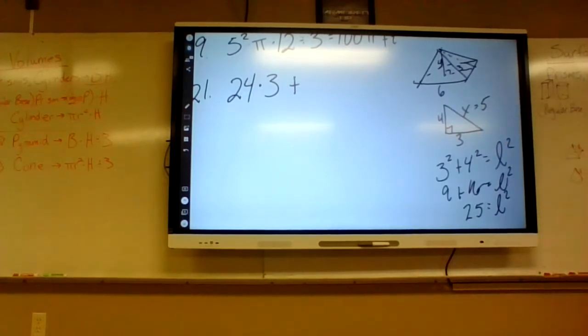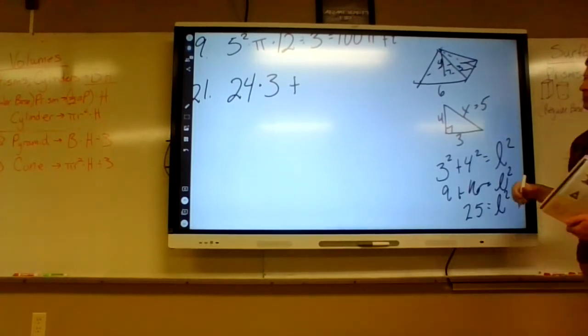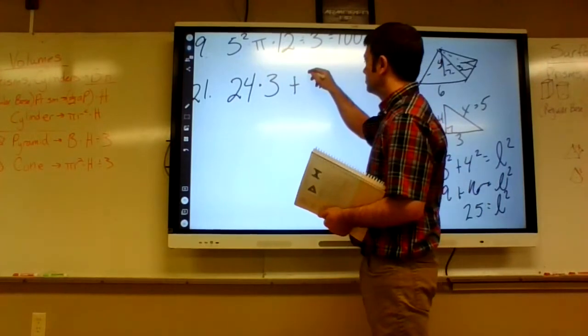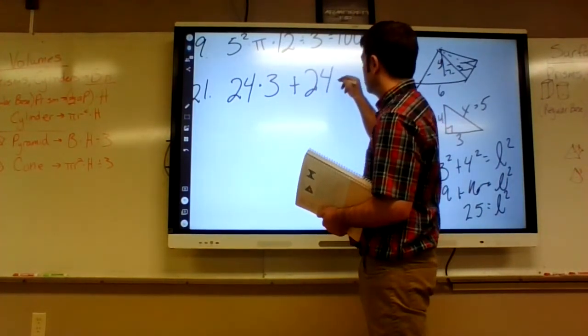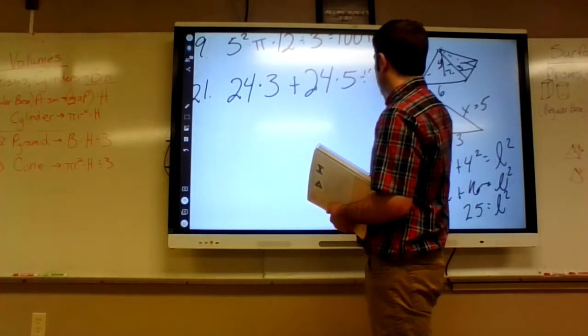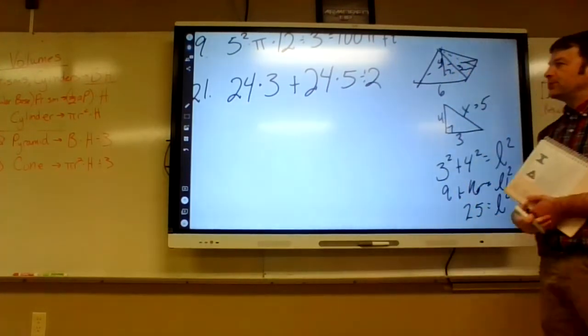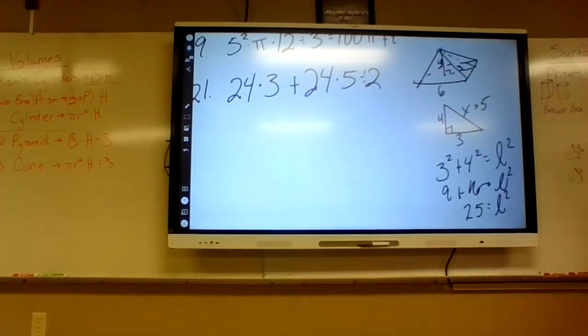Anyway, perimeter of the base, which is still 24, times the slant height, 5, divided by 2. That will give us the total lateral surface area.